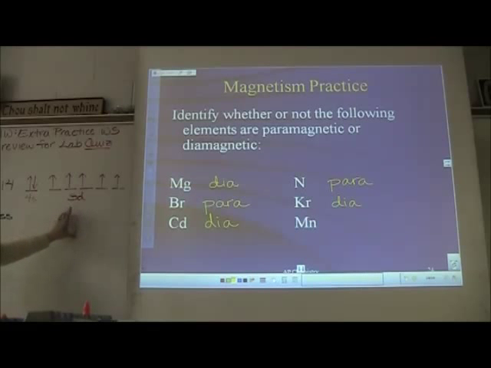What I'm saying is, it doesn't matter if it's a valence electron or a core electron. If any electron is unpaired, it's paramagnetic. All right. That's it. That is all of chapter 9.